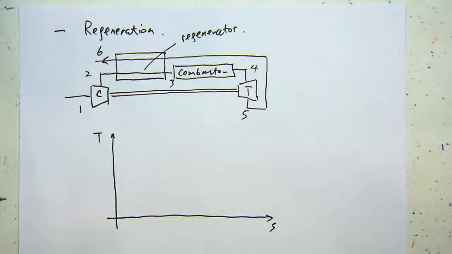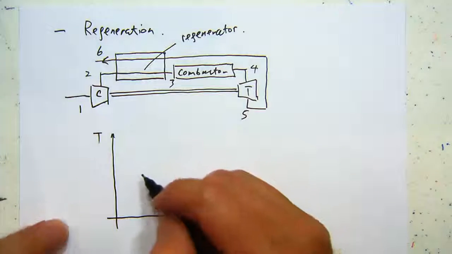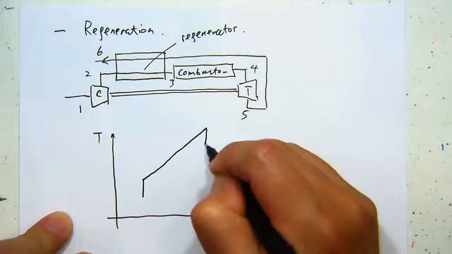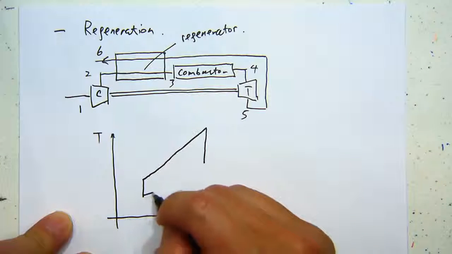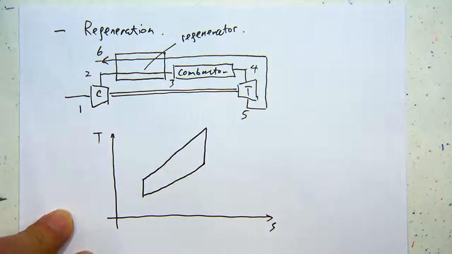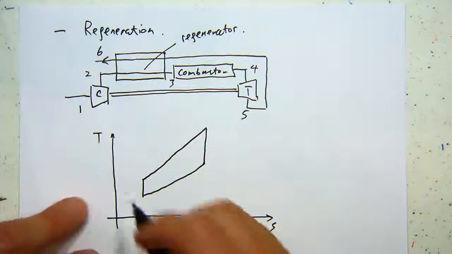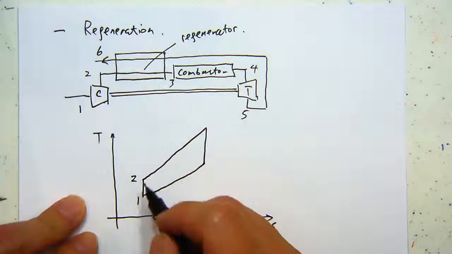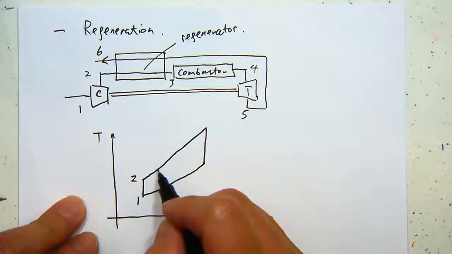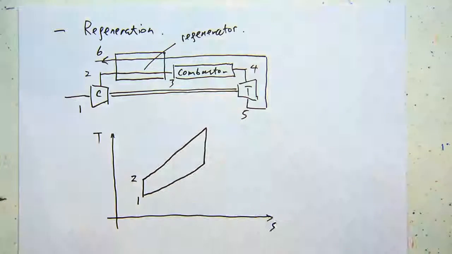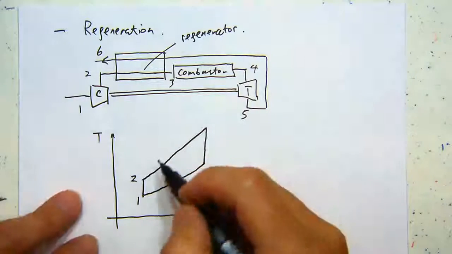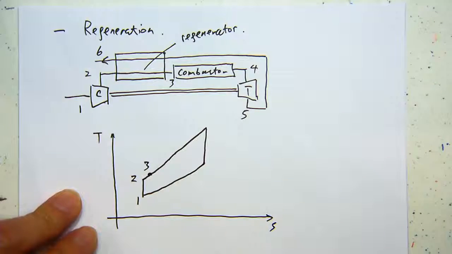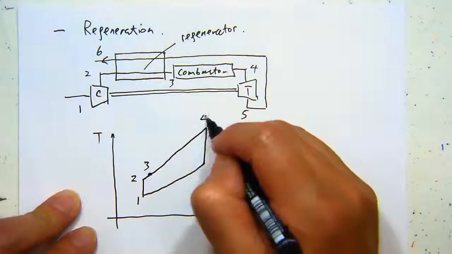So we have a new component in the cycle. So I want to draw it carefully because there is a certain state and one needs to be higher than the other. So if this is 1, the inlet, then after the compressor 2, then before going into the combustor, it goes through a heat exchanger to pick up some heat, so it will gain some heat, go to state 3, then go to the combustor to go to state 4.